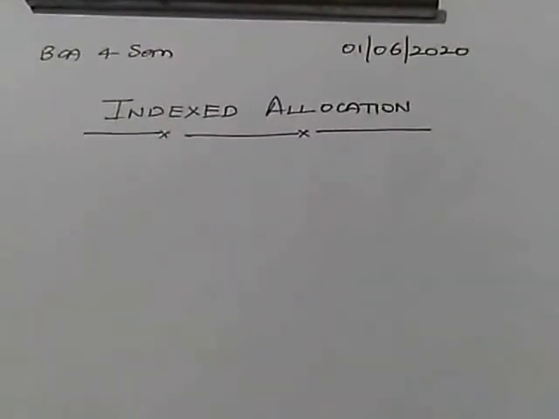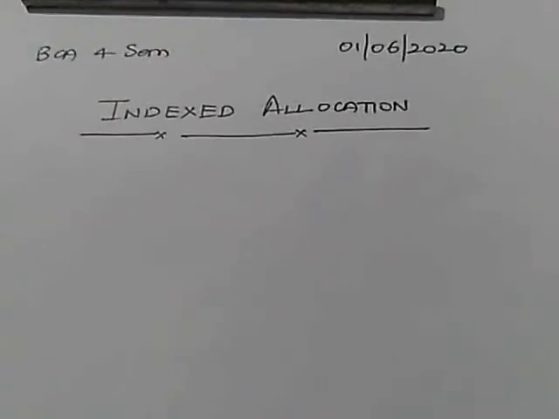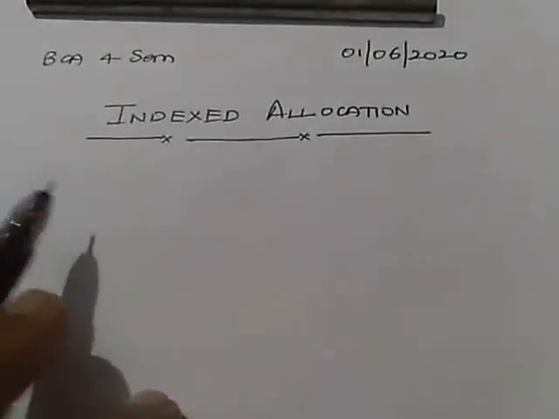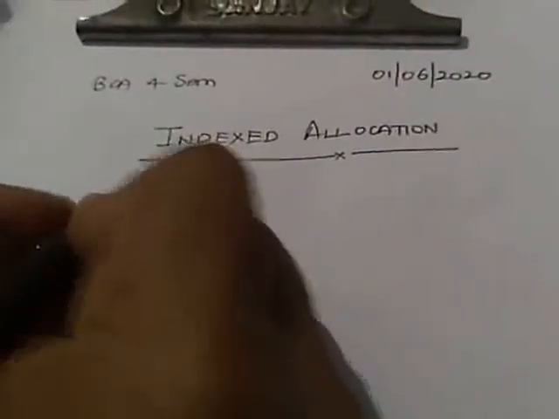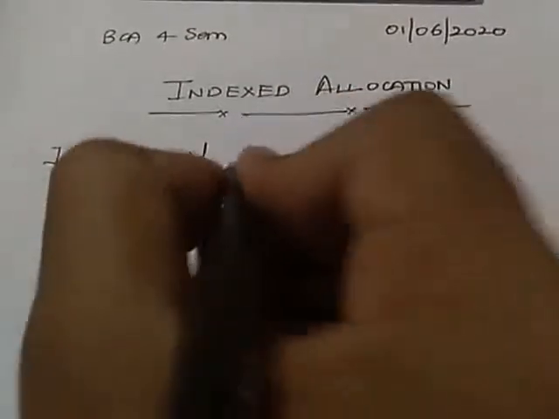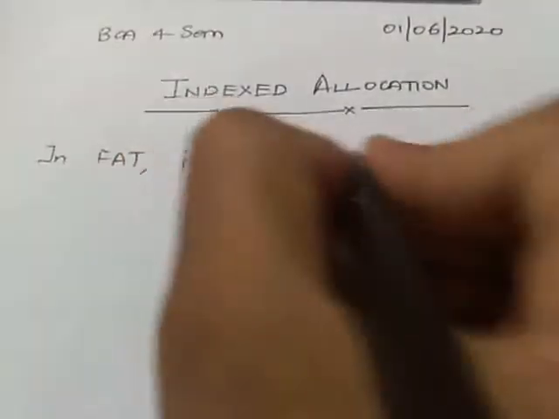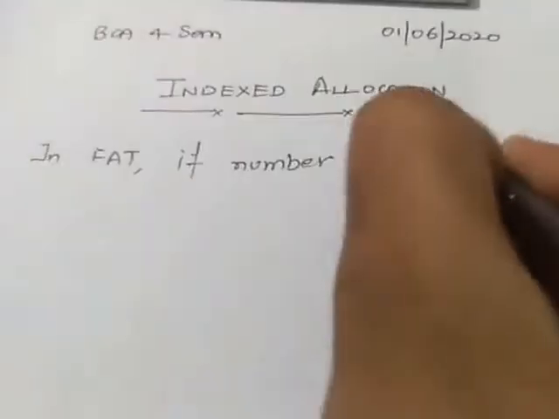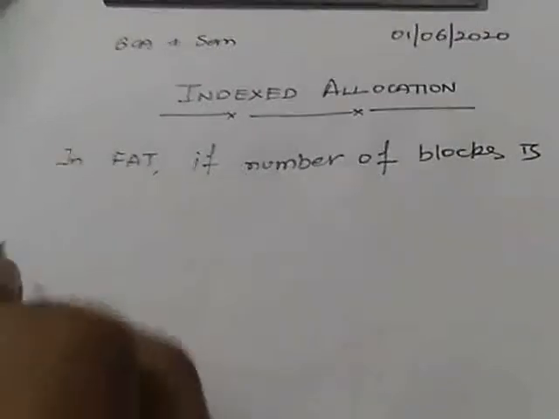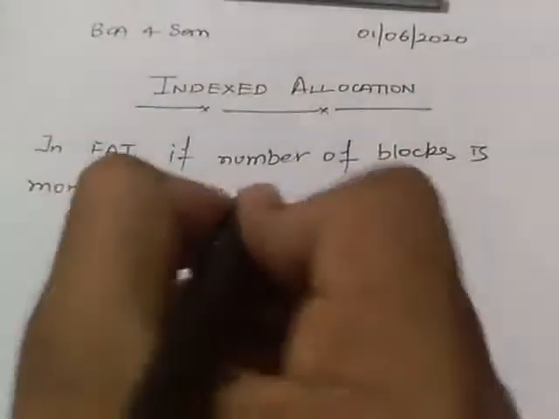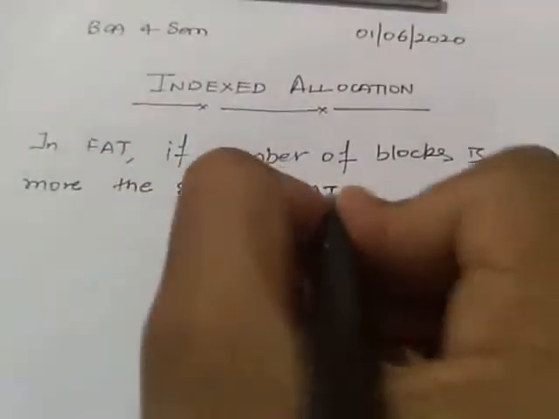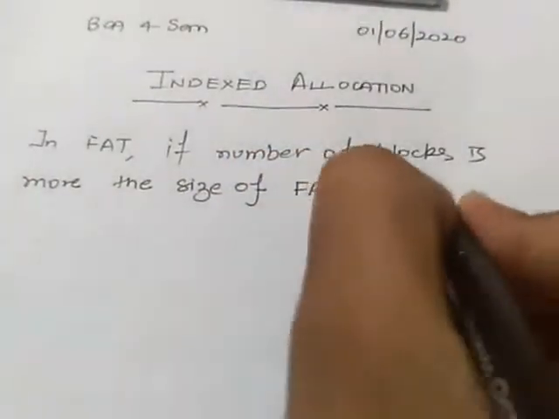In the FAT technique, one of the most important drawbacks is that if the number of blocks is more, the size of the file allocation table is more.